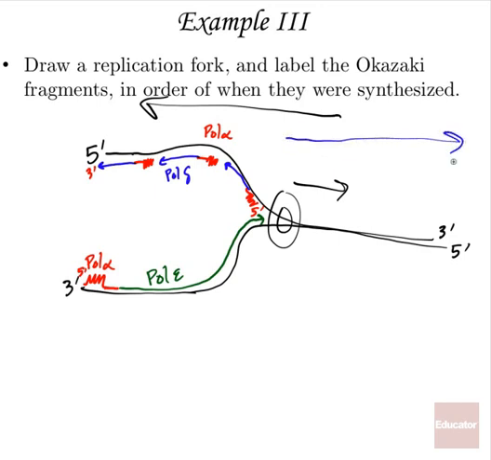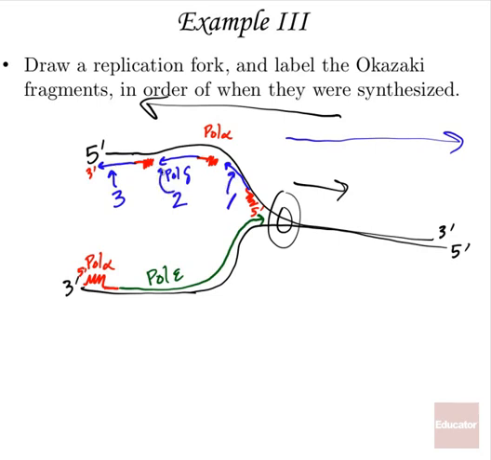So we have to wait until the helicase frees up more DNA. So the answer to this question is the most recently synthesized Okazaki fragment is the one closest to the helicase. Then this one is older and this one is the oldest.